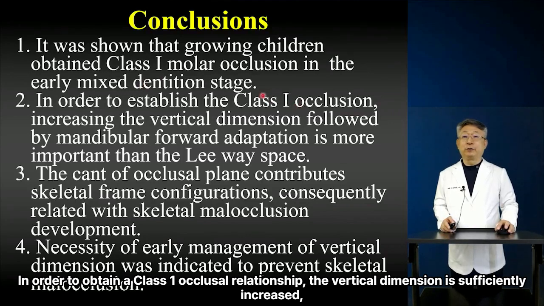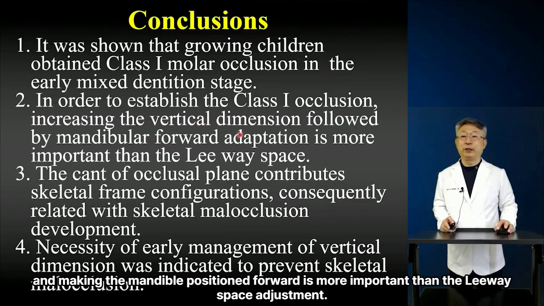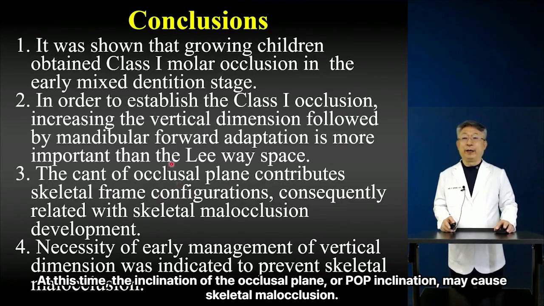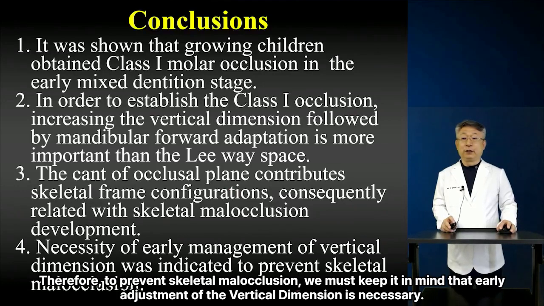In order to obtain a Class 1 occlusal relationship, the vertical dimension is sufficiently increased, and making the mandible position forward is more important than the leeway space adjustment. At this time, the inclination of the occlusal plane, or POP inclination, may cause skeletal malocclusion. Therefore, to prevent skeletal malocclusion, we must keep it in mind that early adjustment of the vertical dimension is necessary.